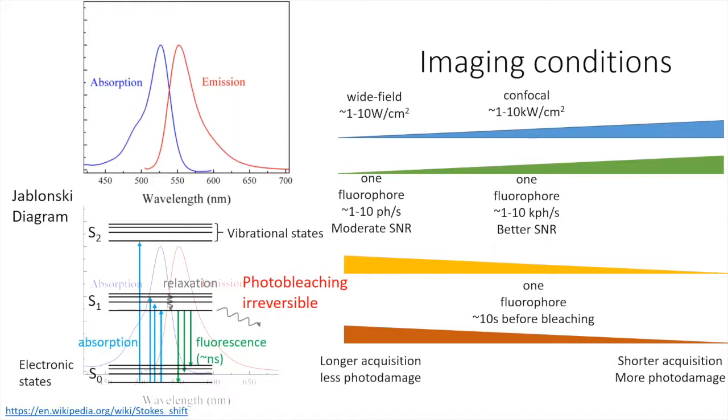For example, for confocal intensity, if you achieve 1 to 10 kilo, like 1,000 photons per second, your observation time is around 10-ish seconds for one fluorophore. You have this amount of time, and you also need to think about the photo damage you apply to your system. So this is the general idea when you do live cell imaging, how you want to collect your sample and how long you want to do the imaging.